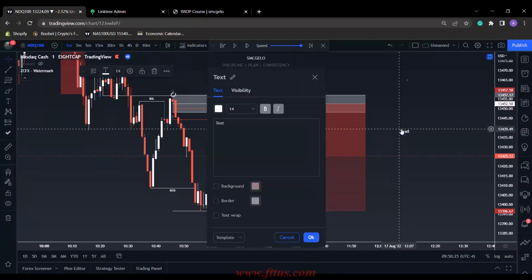So let's mark our confluences right here. Excuse me. So we had buy side liquidity taken out first, right? Supply formed as a doji.